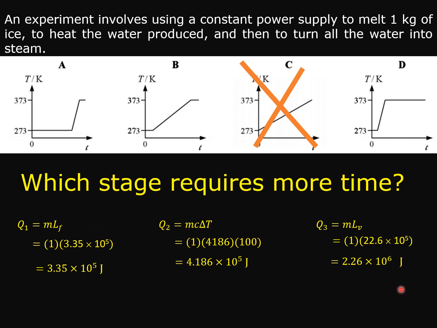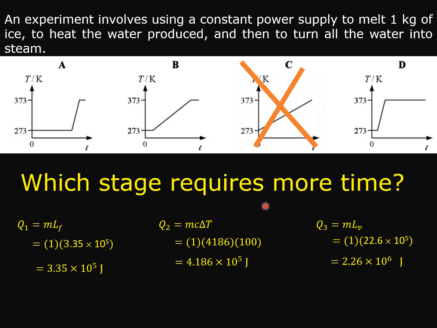Now, from the results of the calculations that we have, we can easily see that for stage number 1, the quantity of heat required is the smallest. The second largest is Q2 and the largest one is Q3. Now, the power supply that we have is a constant power supply. What is the meaning of constant power supply?